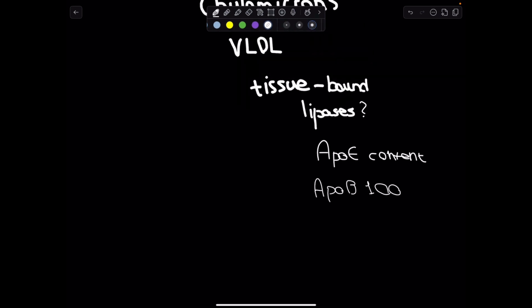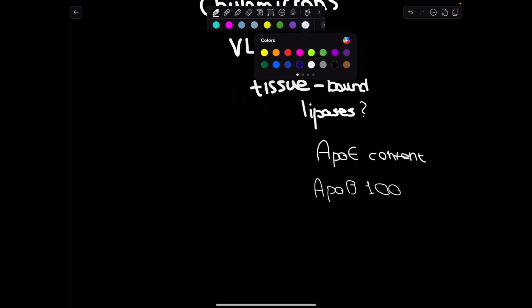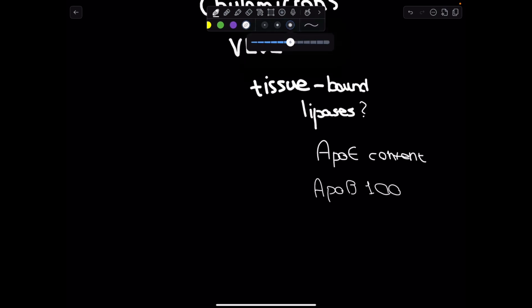Activated by apolipoprotein C2, ApoC2. Hepatic lipase, on liver cells, processes remnants and HDL, modifying lipids. Apolipoprotein E, ApoE, found on chylomicrons, VLDL, and HDL, binds receptors, like LDL receptors, on liver and peripheral cells, facilitating uptake of lipoprotein remnants after triglyceride hydrolysis.